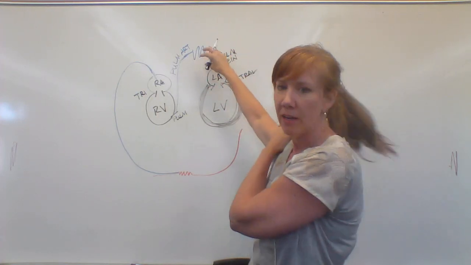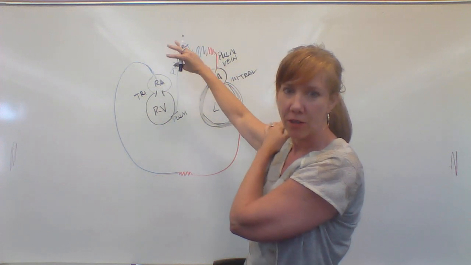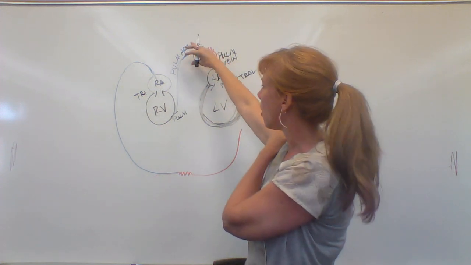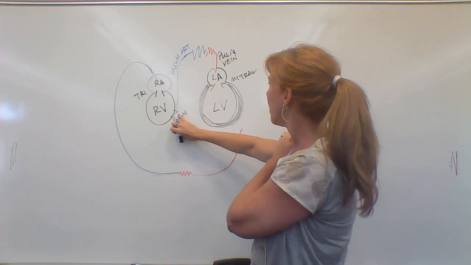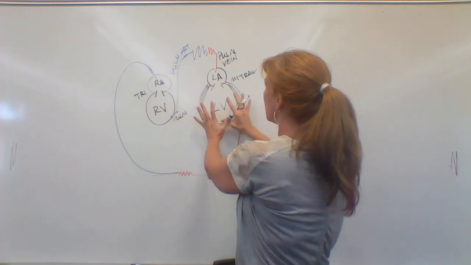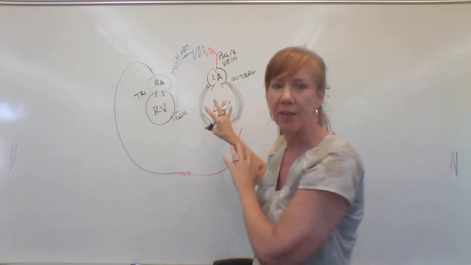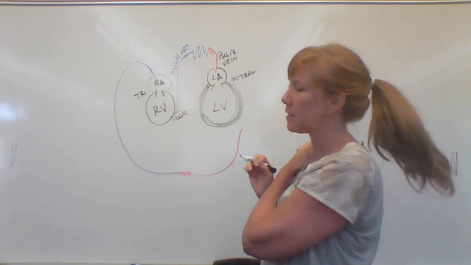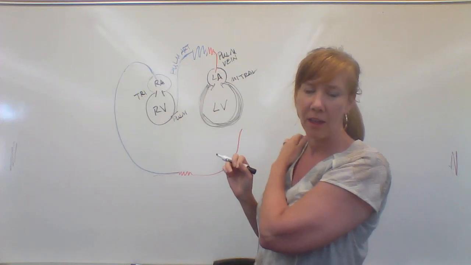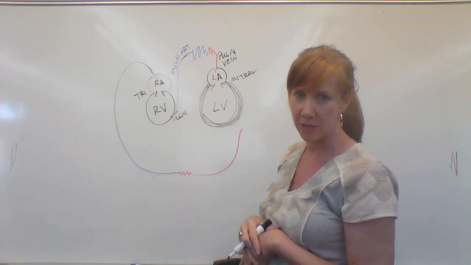There actually aren't any valves inside the circulation of your lungs. So going all the way back until it hits the pulmonary valve, it would just be one big container of blood, all with the same blood pressure during that time. So when we get to hemodynamic monitoring, that's going to be important to understand.